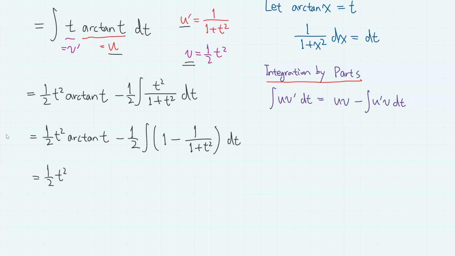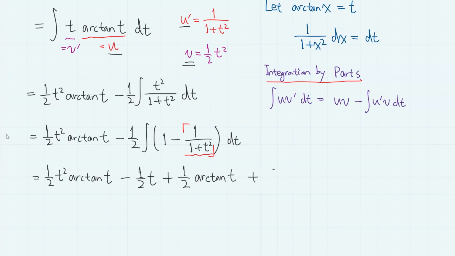So we have this minus 1 over 2 times t plus 1 over 2 times the integral of this. And hey, this one looks familiar, right? This is the integral that gives arctangent function, which you can easily verify by using trigonometric substitution.